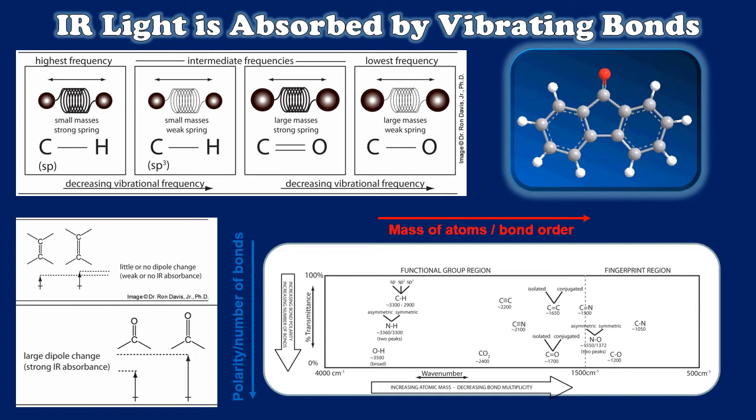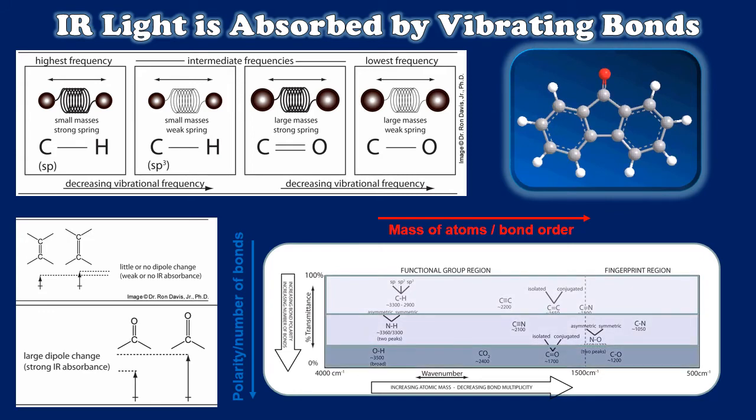And we can apply these to a basic correlation table for infrared spectroscopy that I've shown on the bottom right, in which increasingly polar bonds absorb with increasing strength: our CH, CC, and CN bonds up near the top, and our OH and CO bonds down near the bottom.